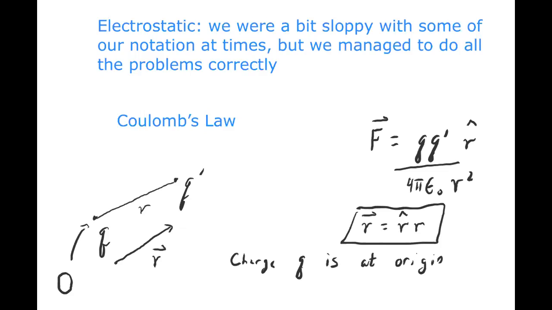We could have done the same thing if we tacked Q prime at the origin also, but both expressions would be the same. So the reason why this is important is that you could write down a general expression for Coulomb's law where the origin is anywhere. It doesn't have to reside exactly where a charge is.